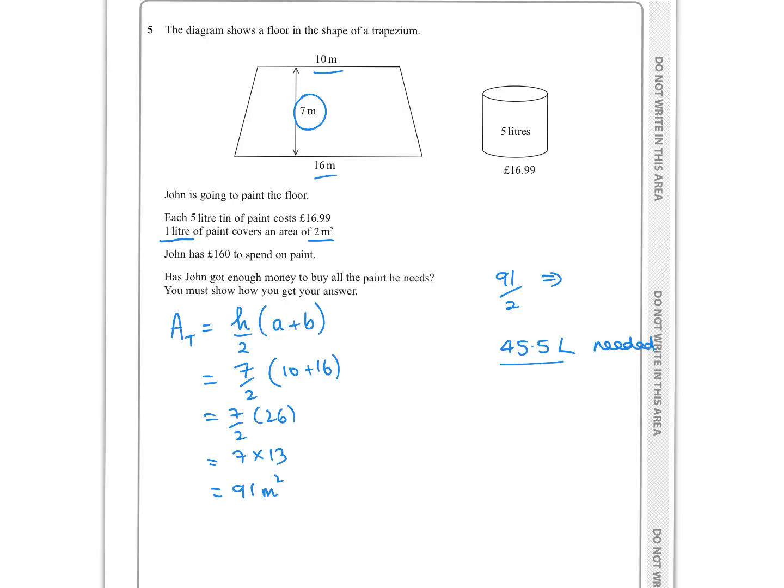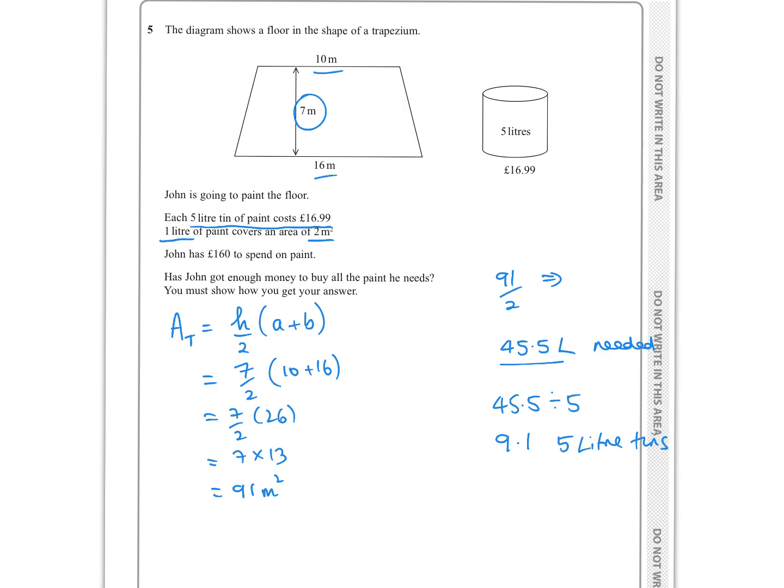Now, each 5 litre tin costs £16.99. So how many are we going to need? Well, we're going to do 45.5 divided by 5. And that's going to be 9.1 5 litre tins. Well, if you think about it realistically, you could probably dilute the paint a little bit and make it work.